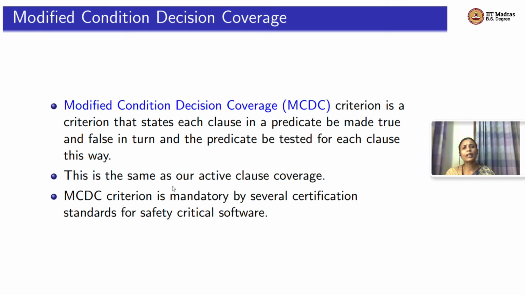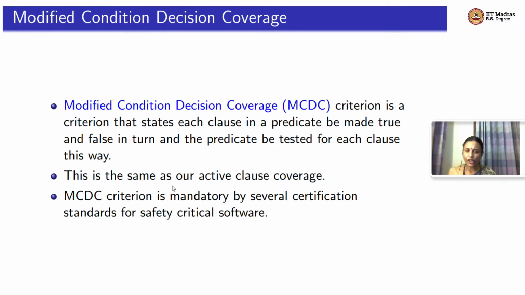So if you Google for popular terms in software testing, you are highly likely to encounter this term called modified condition decision coverage, abbreviated as MCDC. This is a popular criterion that several certification standards mandate for testing. What is called MCDC is what we call active clause coverage. Decision is the whole predicate.